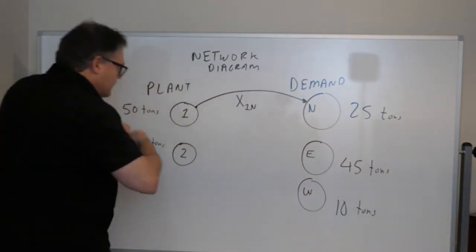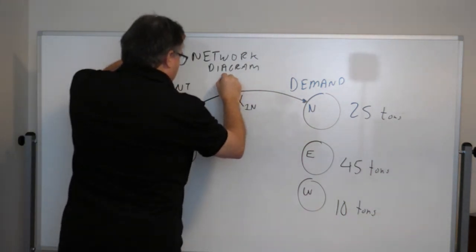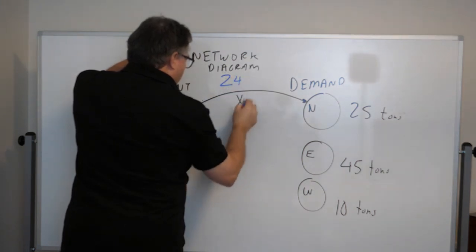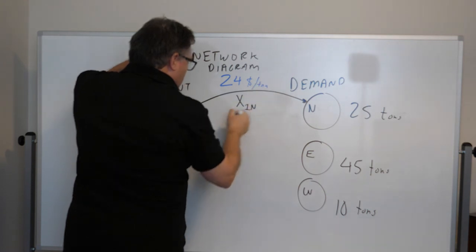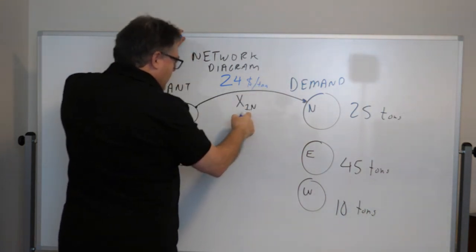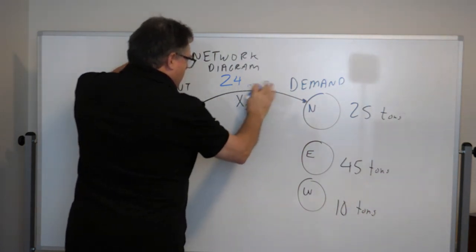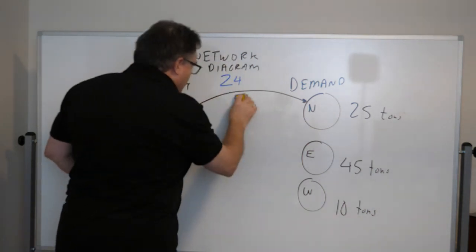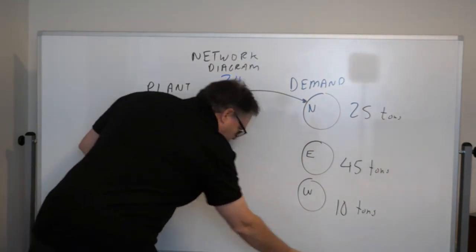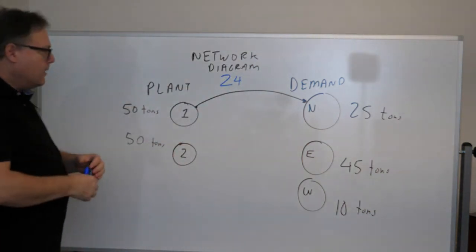So let's put the cost here in blue, shall we? 24. And this is dollars per ton. So if I have dollars per ton multiplied by tons, I'm left with dollars. So to keep things nice and clean, I'm just going to have the costs here in blue, and I'm not going to have my decision variables on my network diagram. Those will come later when we do the formulation.